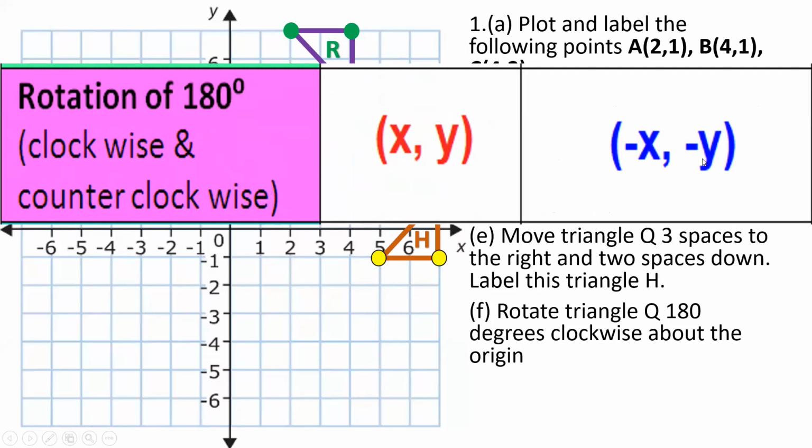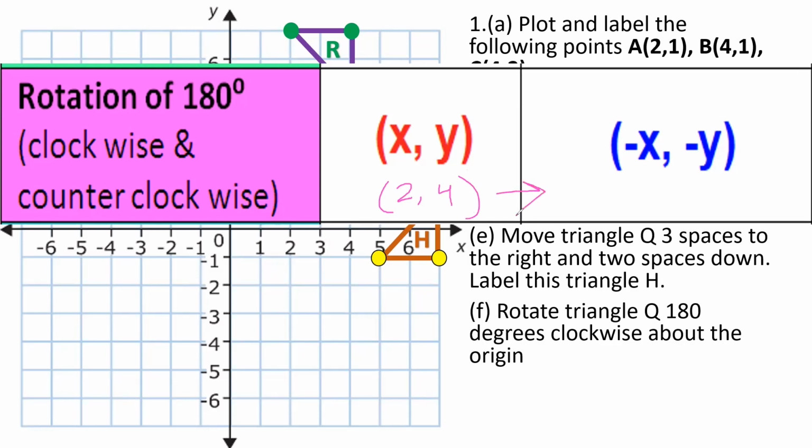Again, for a rotation of 180 degrees, whatever your coordinates are, you're going to put a negative sign on both of them. So it's basically going to be the opposite. Say if you have (2, 4), what's going to be the rotation?